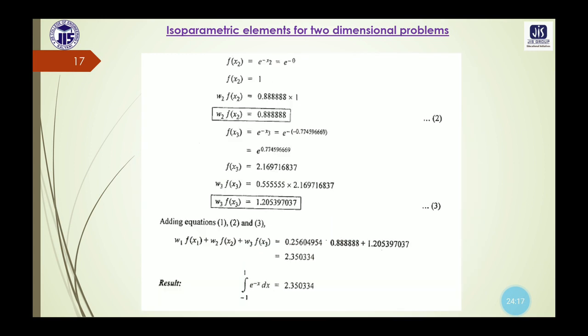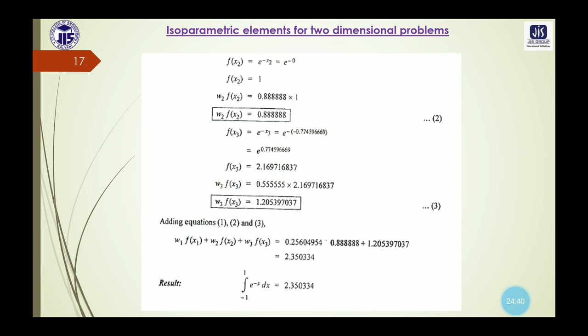Now in this similar manner, we need to calculate w2 into fx2 and w3 into fx3. So the value of fx2 is e to the power minus x2, which is e to the power minus 0, which is actually 1. Now if it is multiplied by w2, then finally we are getting the value of w2 into fx2 as 0.888, which is our equation number 2.